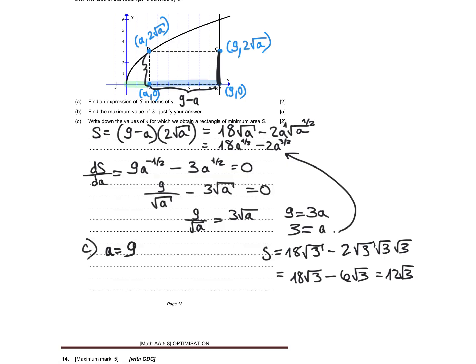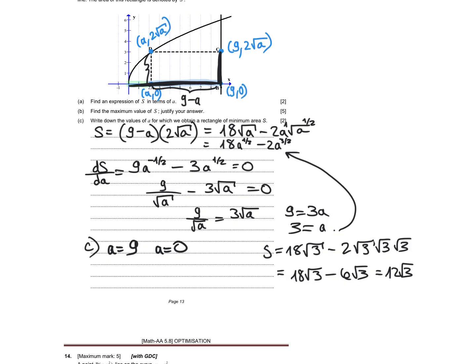And the other time that we have a rectangle this way is if the height is 0. So that's when 2 root A equals 0, which is at A equals 0. So those are the times you have a rectangle, not really, that has minimum area.